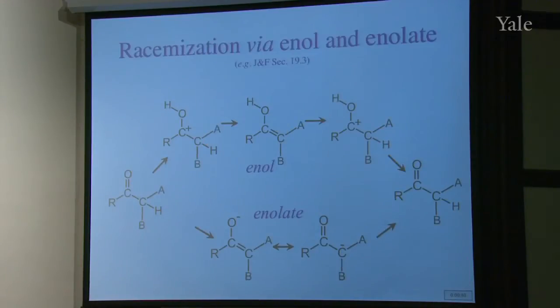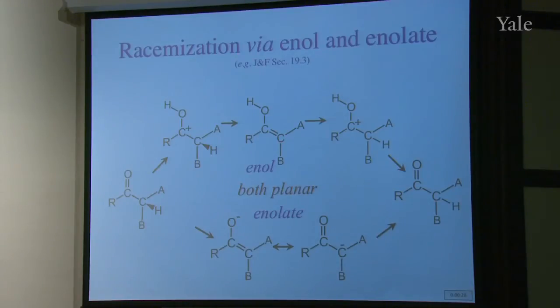Now, notice that you can also racemize in this way, because if the other things attached to this carbon were A and B, you can go through exactly the same scheme, acid or base, but there's now configuration here. So if the H is in front of the plane here, when the H plus comes back on, it could come either from the front or from the back.